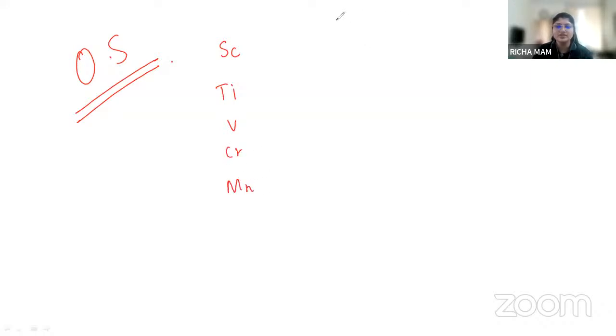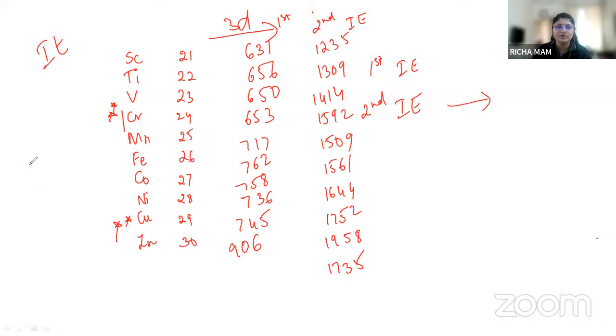We have seen the electronic configurations, so now we'll see the oxidation states.